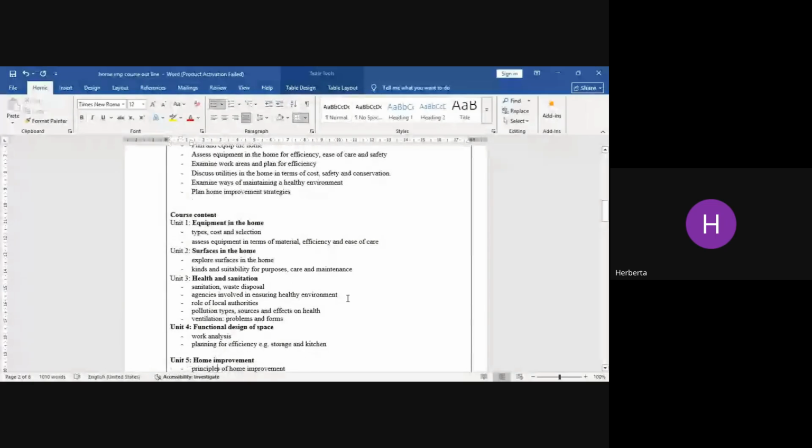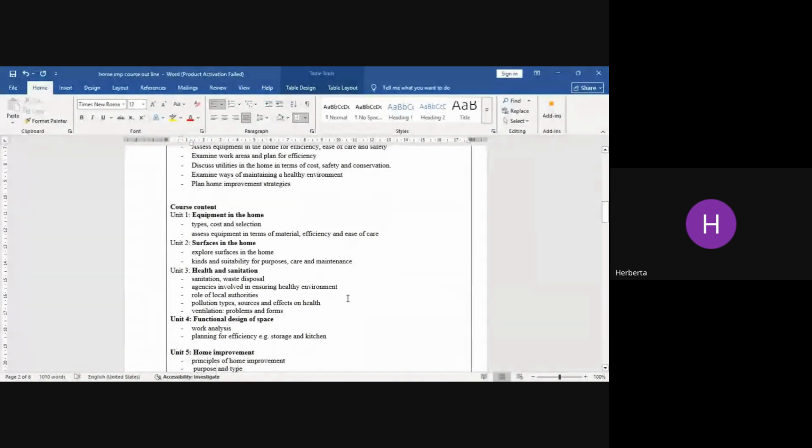Ease of care. We will also look at surfaces in the home, the kinds, and suitability for purpose, care, and maintenance. In Unit 3, we will look at utilities in the home. In Unit 4, we look at health and sanitation.